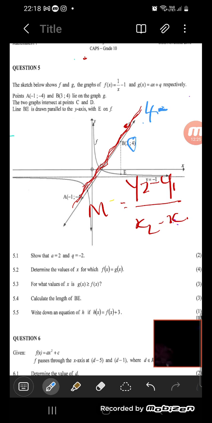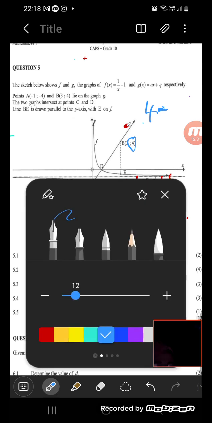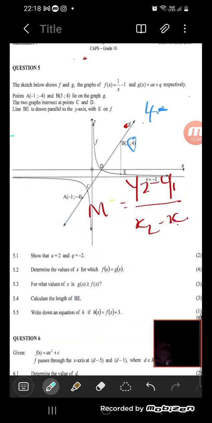Please, for the love of all that is holy, put the minus in. I'll tell you why. Because this might be a minus 4. And if you leave that minus out, your whole sum is screwy. Because you're going to say 4 plus 4. Oh, well, it's 8. And that's the answer here.